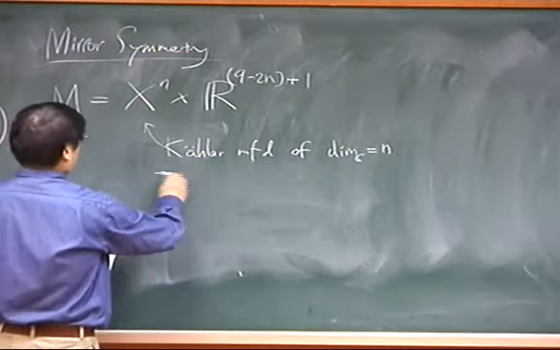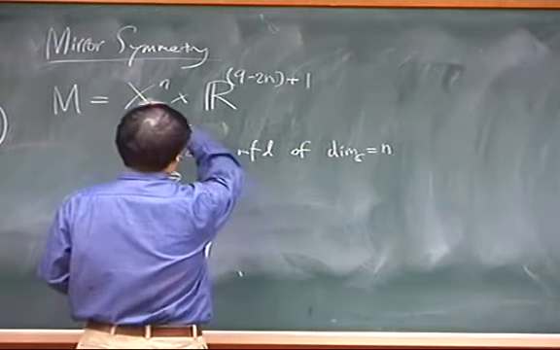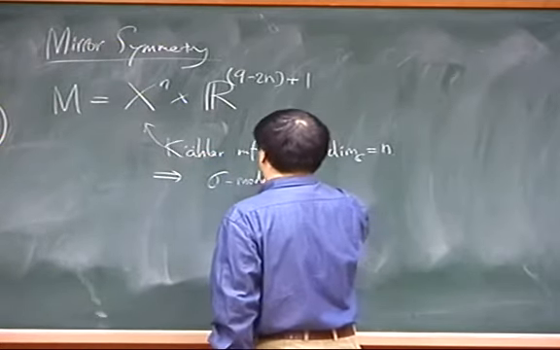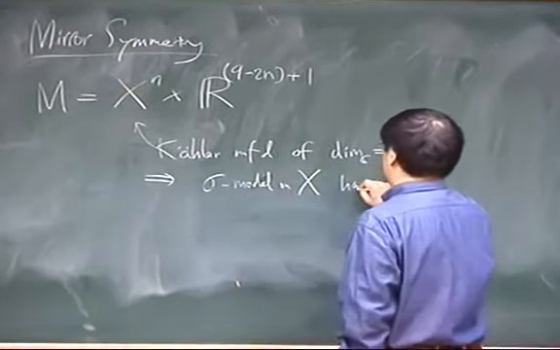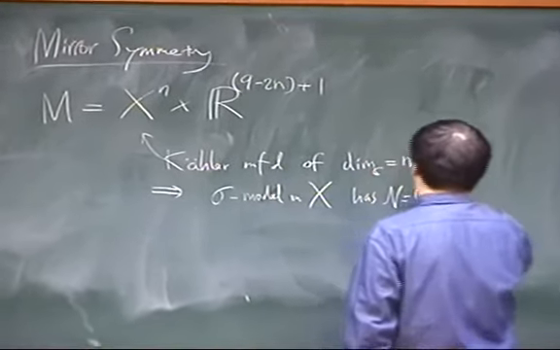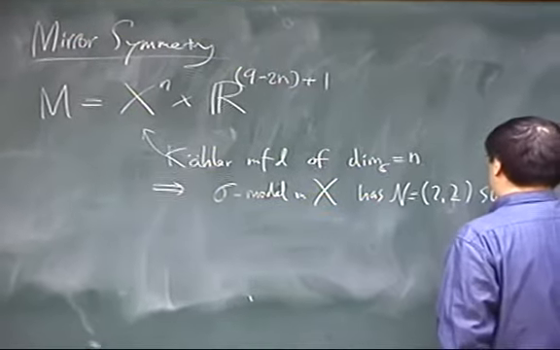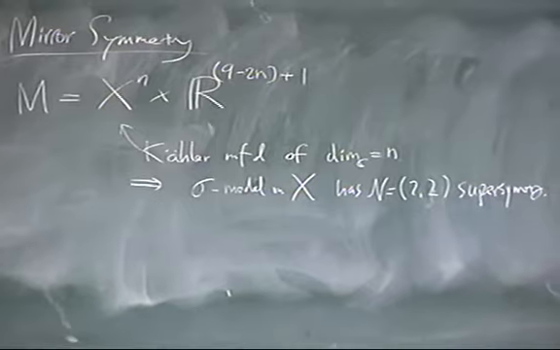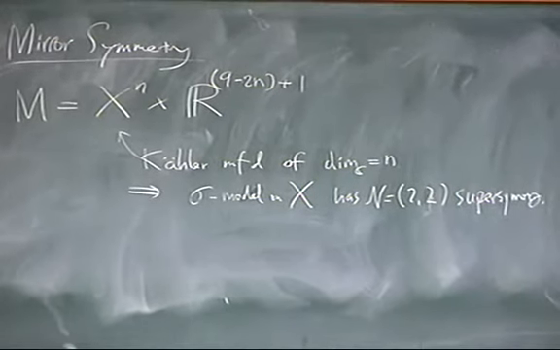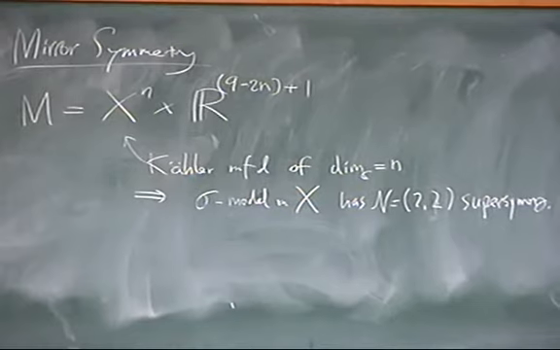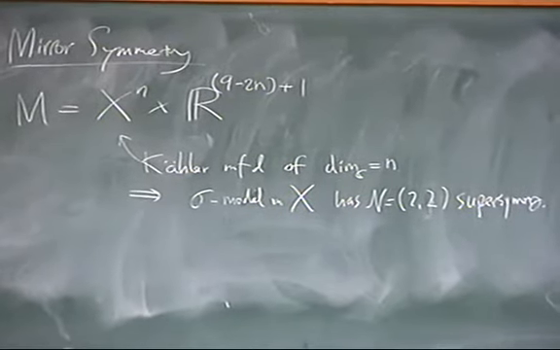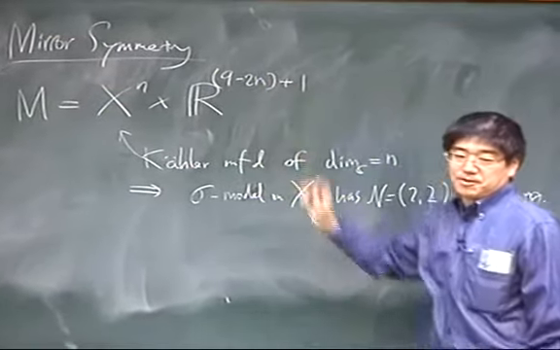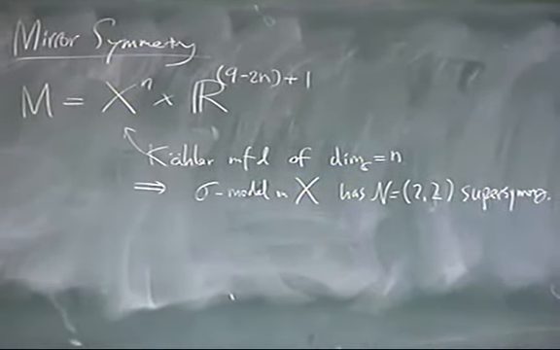And then the sigma model for this internal part, the sigma model on X, has n equal to 2, 2 supersymmetry. And then if you wish, you can twist the theory to obtain the topological field theory. You can also consider topological strings, and that plays some role in obtaining some important quantities in this type 2 superstring.